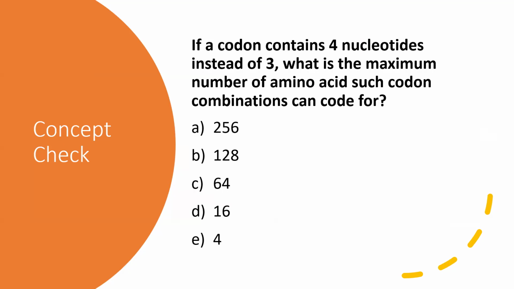Anyone else want to try before I tell you the answer? So if we have 4 nucleotides instead, then it's 4 times 4 times 4 times 4, right? So 64 times 4 is 256.